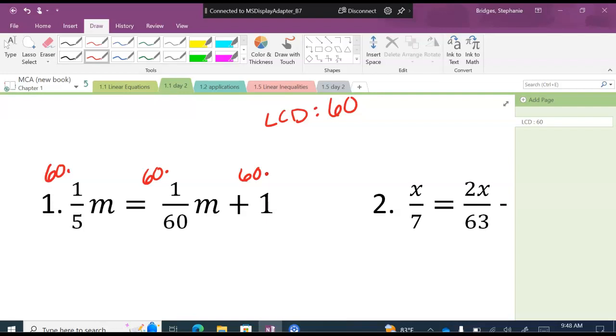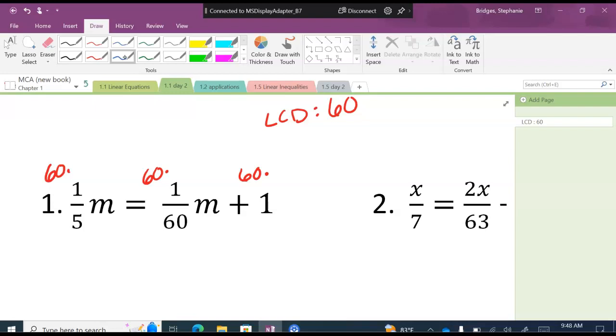I'm going to show you 2 different ways to do this with the fractions. One of them works as long as there are no variables involved. The other one works either way, even if there are variables. So there's one thing we can do here before we revert to the calculator. I'm looking at my denominator. My first denominator is 5. How many times does 5 divide evenly into 60? 12.